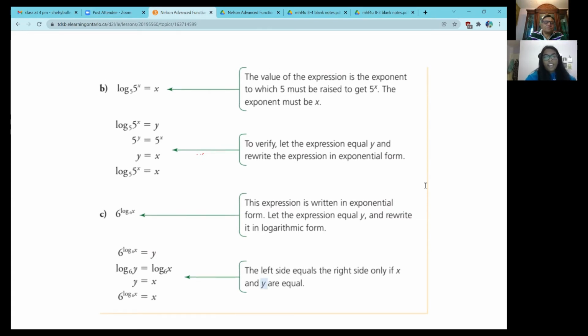The left side is equal to the right side only if x and y are equal. Do you see that this is never equal unless x and y are equal, correct? Only if they are equal, and that is why 6 to the power of log to the base 6 of x is equal to x. Because the y has to be the same thing as x. Yes, otherwise they're not equal. Is it okay? Correct.